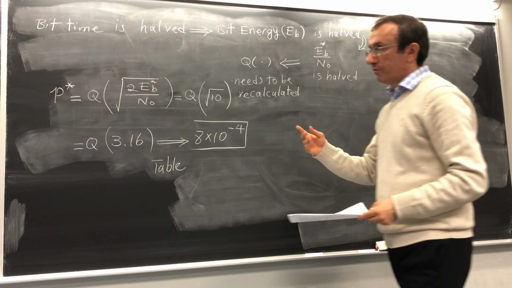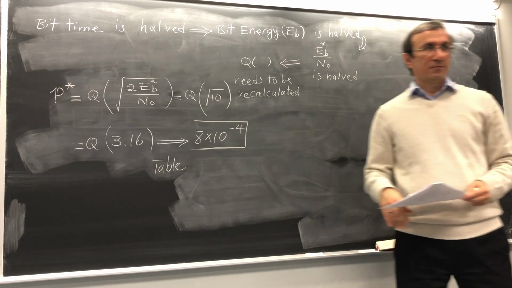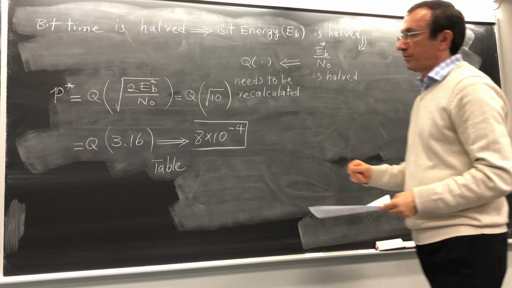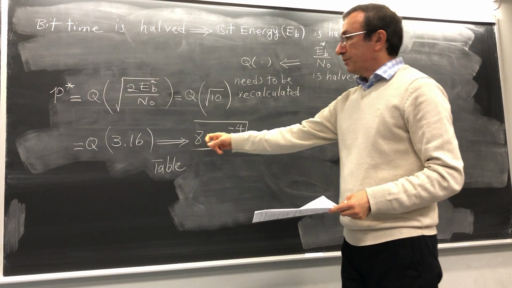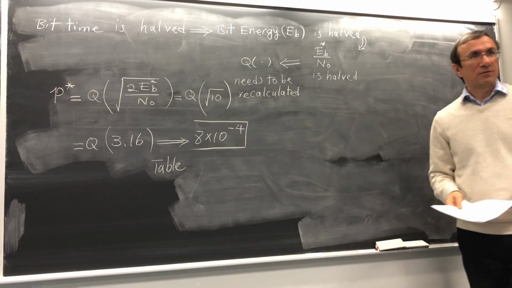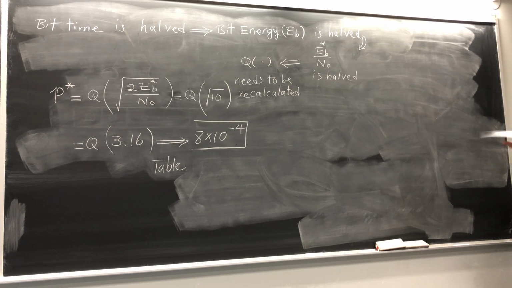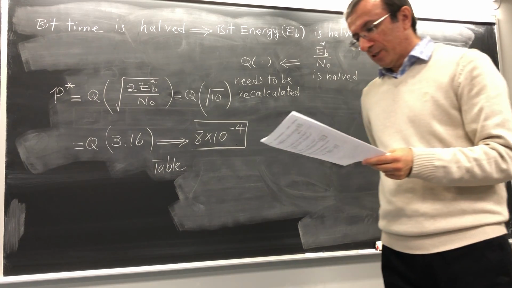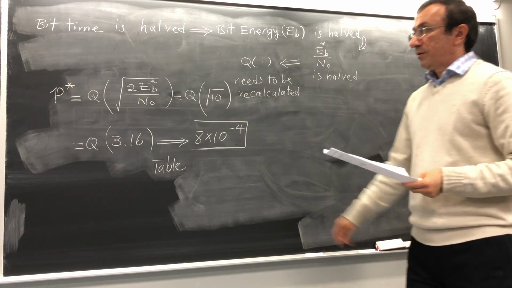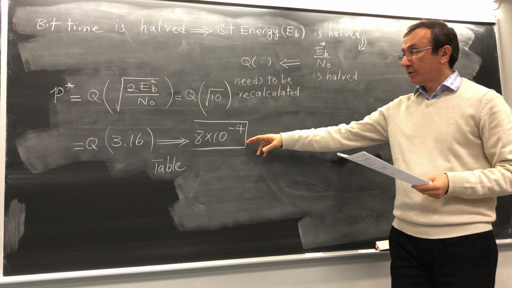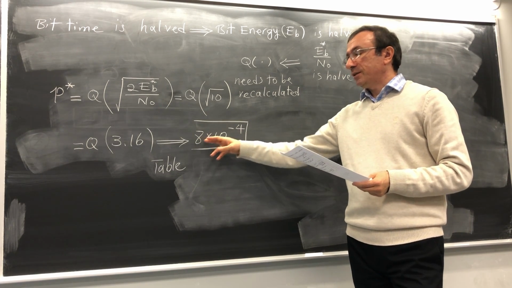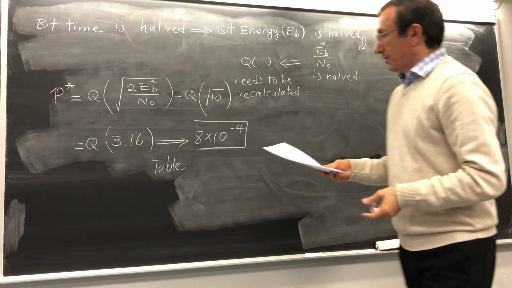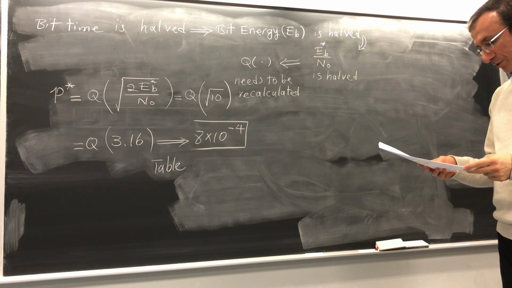Since the energy of a bit is now lower compared to the first part of the problem, probability of errors is now increased from, how much was that before? From 4.05 times 10 to the negative 6, probability of errors has grown up to 8 times 10 to the negative 4. That is a reasonable conclusion.